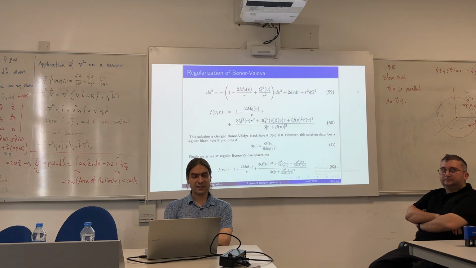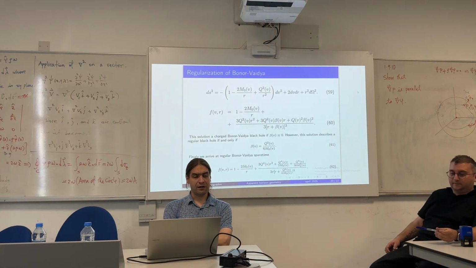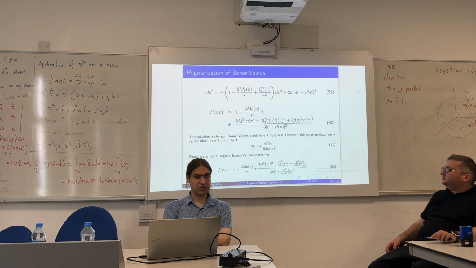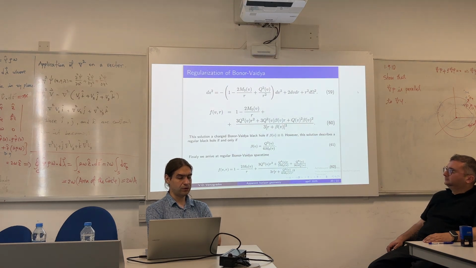So here is just an example of how we can regularize this charged body space-time. Or if we don't consider the dynamical case, just regularization of the Reissner-Nordström solution. To be honest, I don't know if it has been done so far or not, because I haven't met this type of solution.